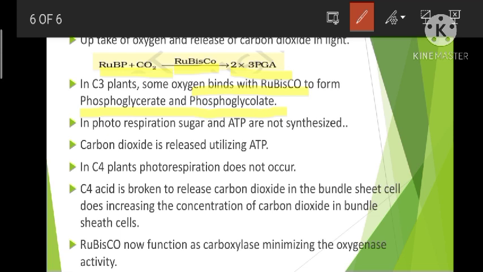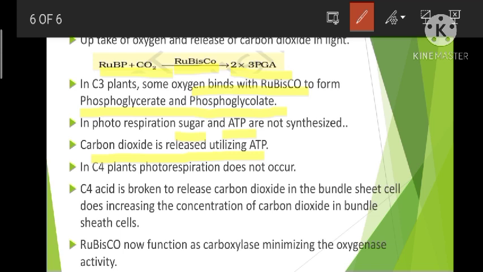Here no sugar, no ATP, and no NADPH will be synthesized. So during photorespiration, sugar, ATP and NADPH will not be synthesized. Instead, carbon dioxide will be released with the utilization of ATP. How is carbon dioxide released? The phosphoglycolate loses its phosphate group and becomes glycolate.